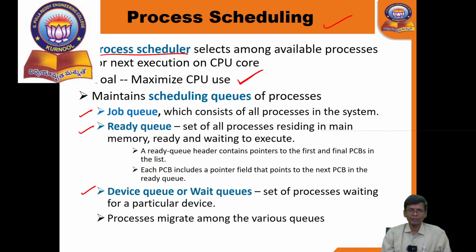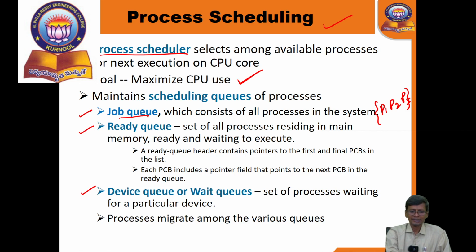Whenever processes are created, they are placed in a queue called the job queue. Let us take an example: three processes, P1, P2, P3, are created and placed in the job queue.